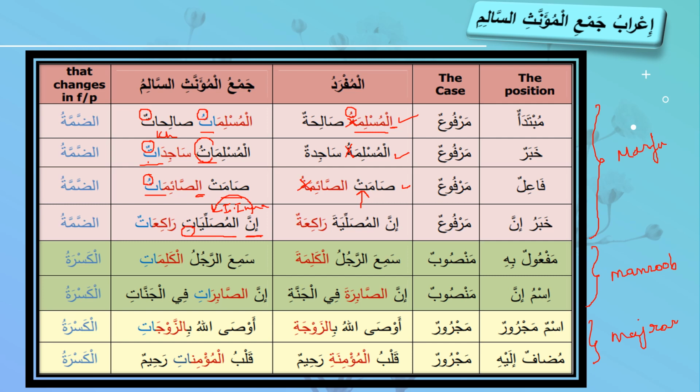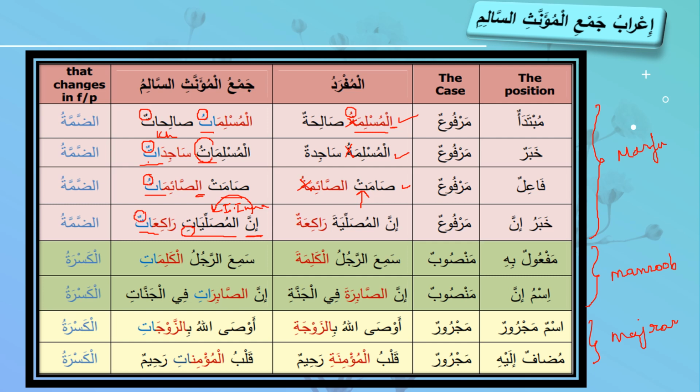Musalliyati. So that's how you know that this Jama Muannas, even though it's showing the kasra in the structure, you know the position is in mansub. Why? Because it's coming after the particle inna. Raki'atun means this is khabar inna and it's in marfu case. So you can see the addition of alif and ta and dhamma, and it's nakira.